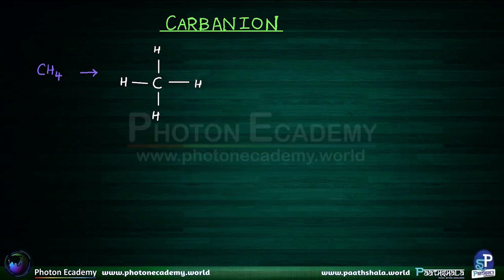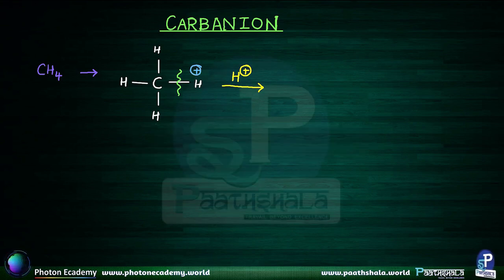Now what happens is I break this CH bond, and I release an H positive from this. Now if an H positive is released, the carbon is left with a negative charge on it, because as a bond breaks, it gets divided into a positive and a negative charge simultaneously.